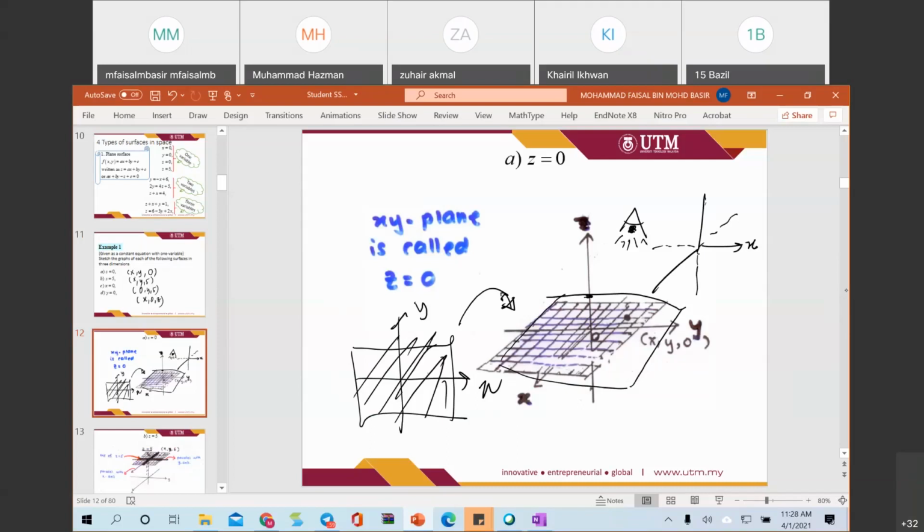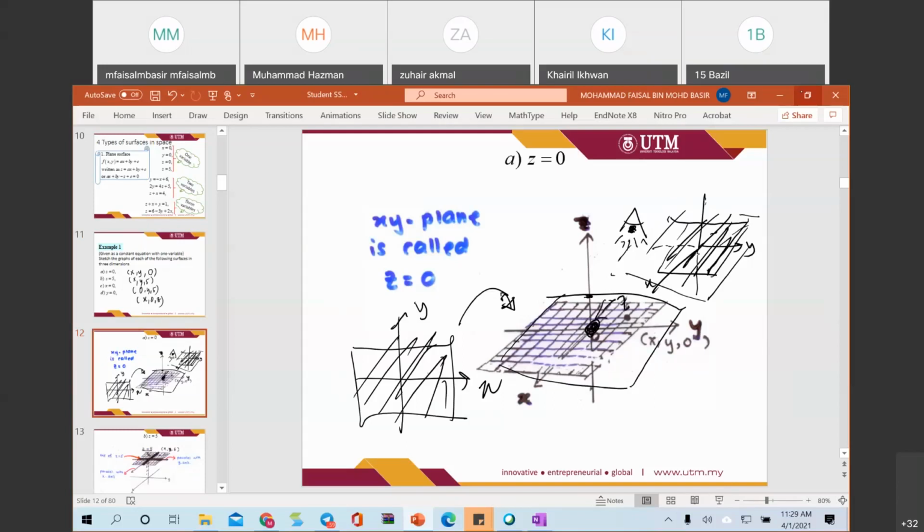Sorry, this is Y. So that's why sometimes we draw smaller, just smaller in X or smaller in Y, just to show that it is exactly at z = 0.